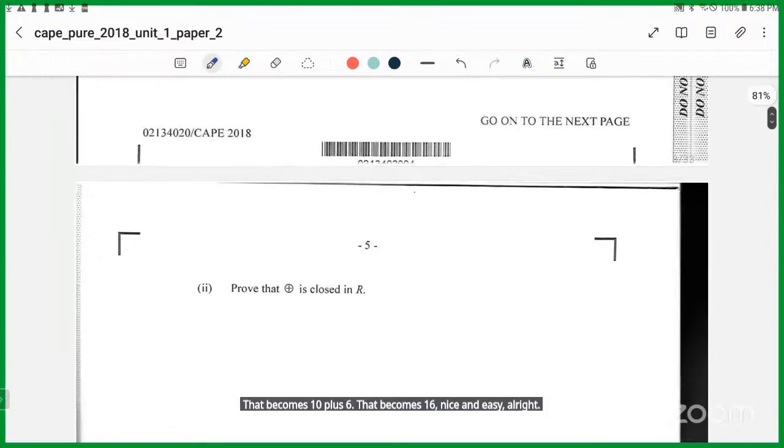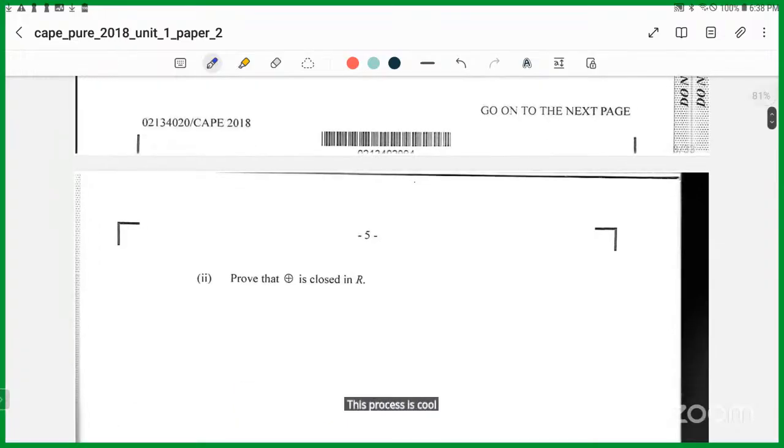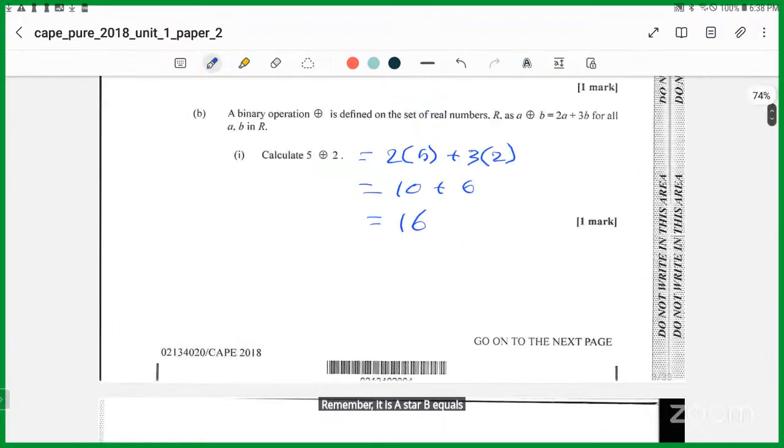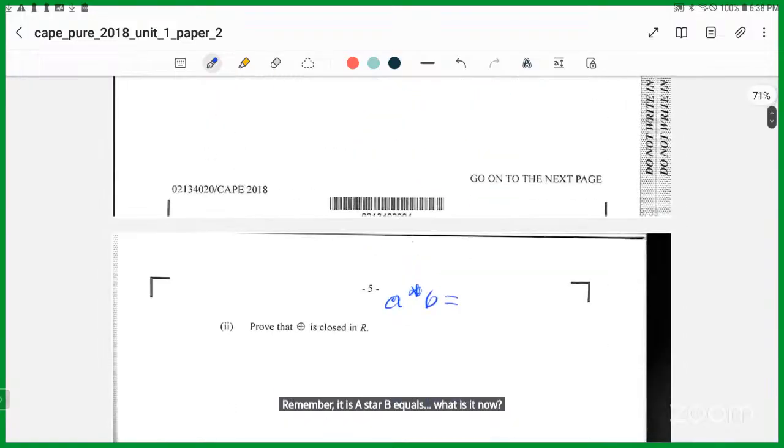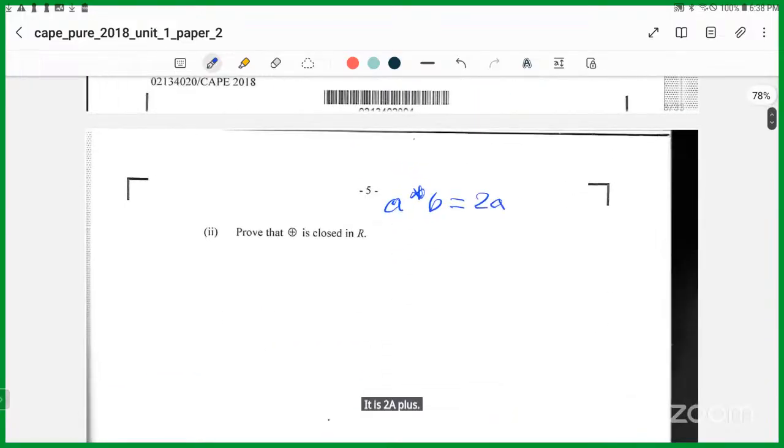Next part says, prove that R is closed under this operation. It is a set that is closed. Remember, A star B equals, what is it now? It is 2A plus 3B.